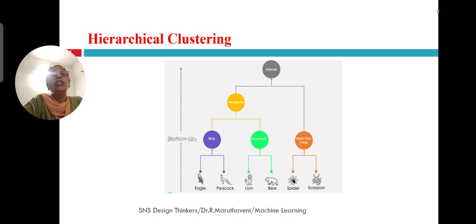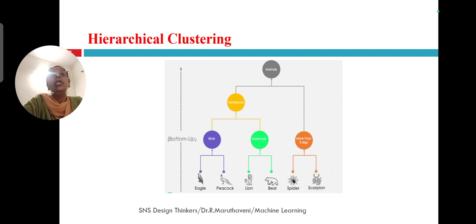The tree shows us how similar or different the animals are. Animals that are grouped together near the bottom of the tree are very similar, like siblings.